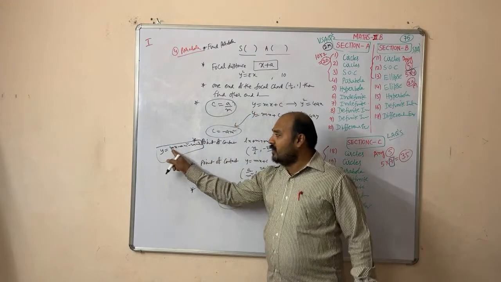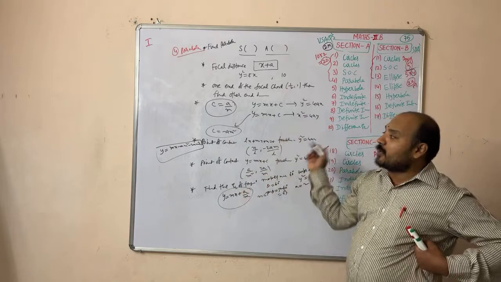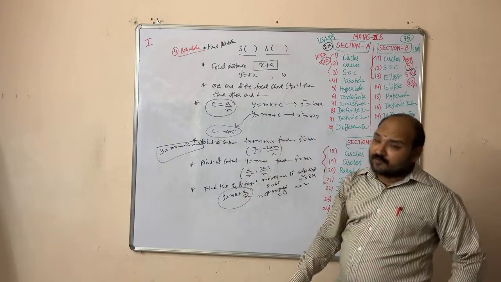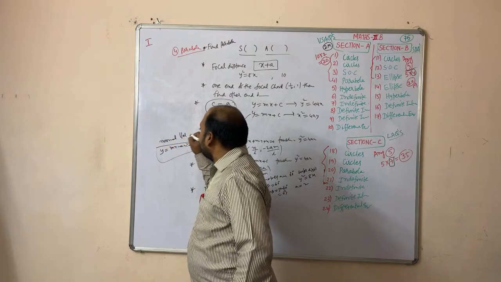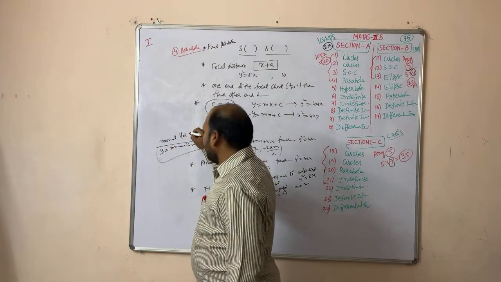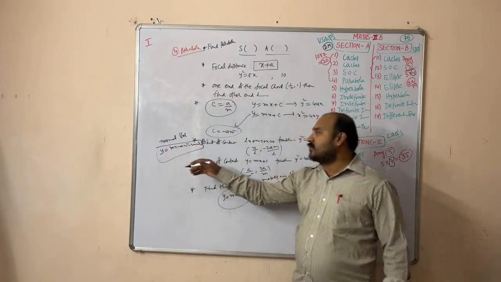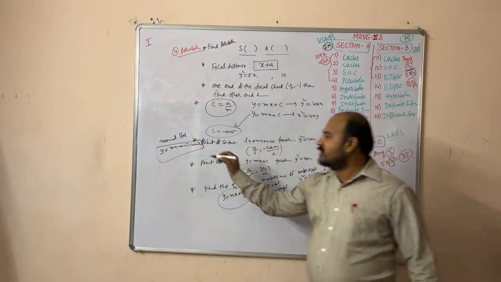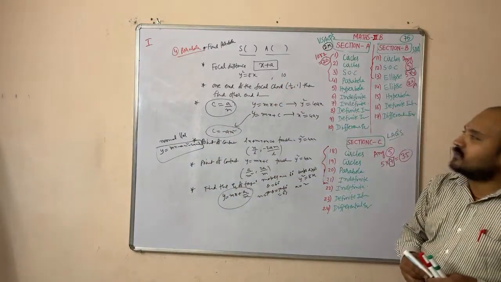From the given line the m value you can calculate, and the a value from the parabola equation. Find the equation of normal which is parallel to the given line, whatever the line may be. This type of question.